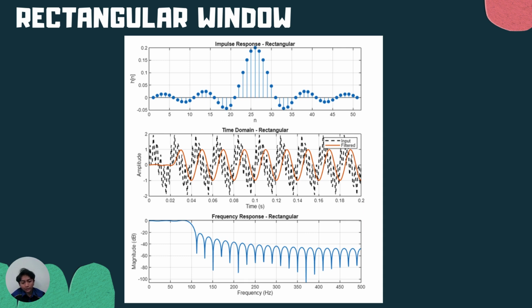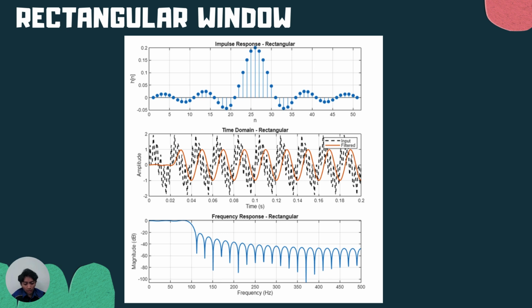This slide shows the frequency response of the FIR low-pass filter designed using the rectangular window. On the graph, you can observe a relatively short transition between the pass band and the stop band. This indicates that the rectangular window provides good frequency selectivity. However, we can also see significant ripples in the stop band region.